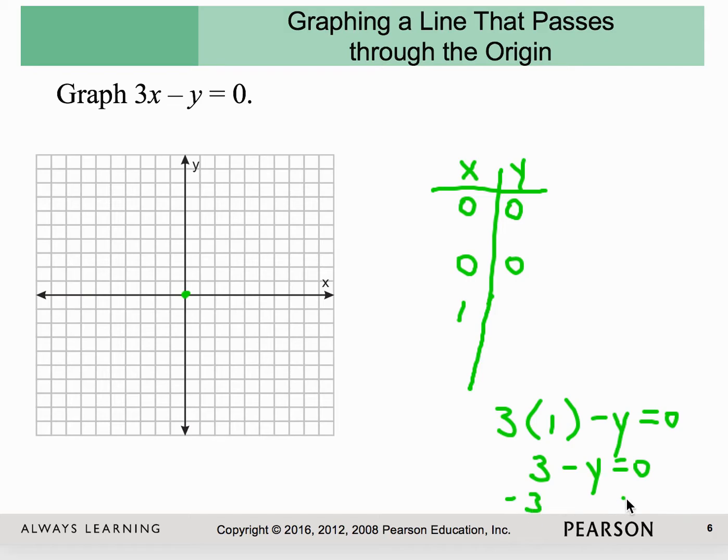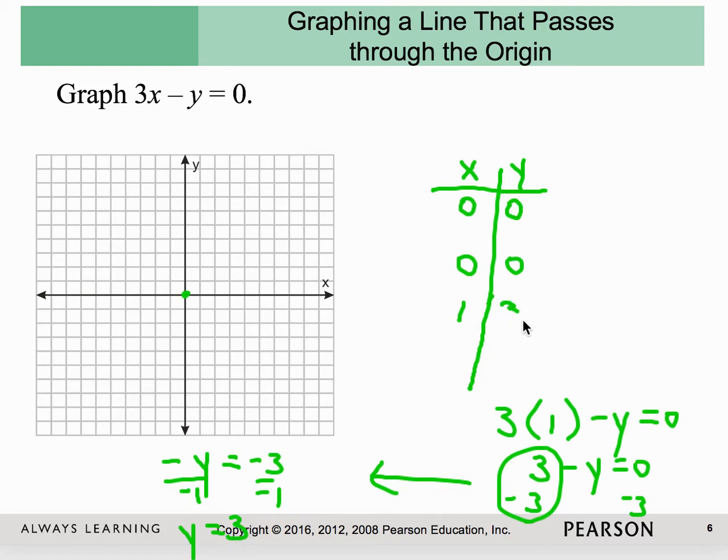Let's subtract 3 from both sides so that we have minus y equals minus 3. Right? Divide by negative 1, divide by negative 1. So y is positive 3. If x is 1, y is positive 3. So if I wind up with just 1 point by doing my intercepts, I can find any other point I want. Plug a number into one of those, it doesn't matter, and then solve the equation for the corresponding value. So now I have 1, 3.